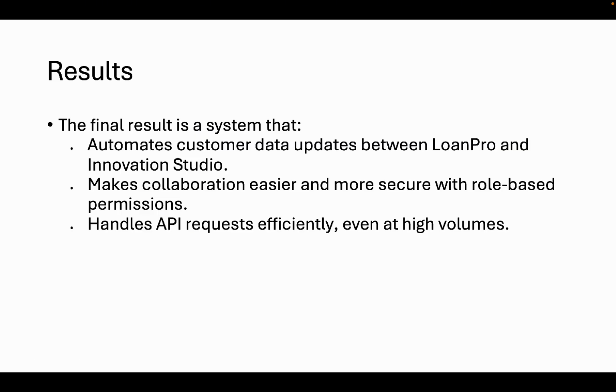The final result of this project is a system that automates customer data updates between LoanPro and Innovation Studio, makes collaboration easier and more secure with role-based permissions, and handles API requests efficiently even at high volumes.